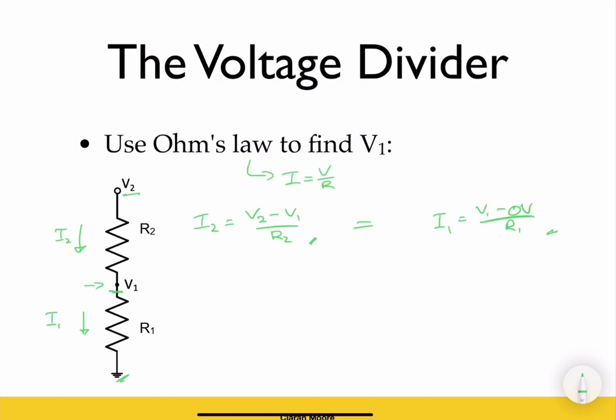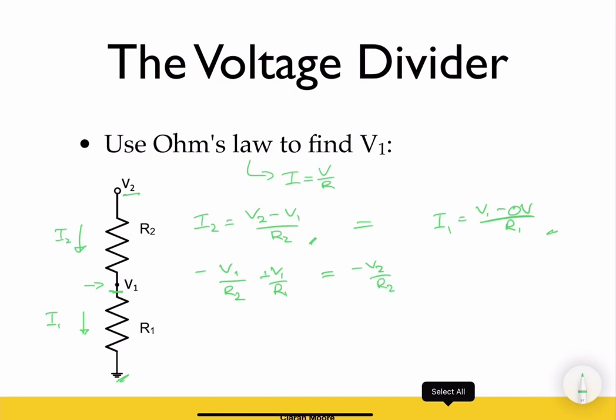I'm going to opt for V1 on the left hand side, so I've got minus V1 over R2, and I've got minus V1 over R1 from the right hand side, and on my new right hand side I will put my V2 term. It's going to be minus V2 over R2.